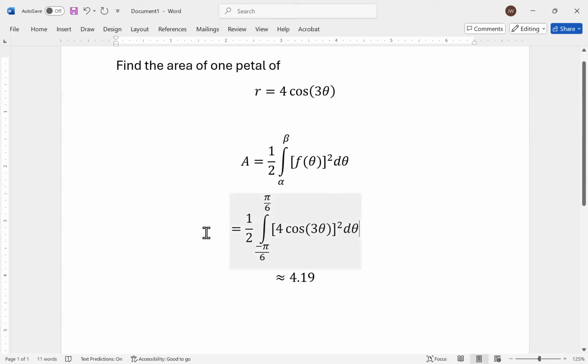You could probably do this by hand as well, although it might not be super fun. You'd have to use a trig identity.